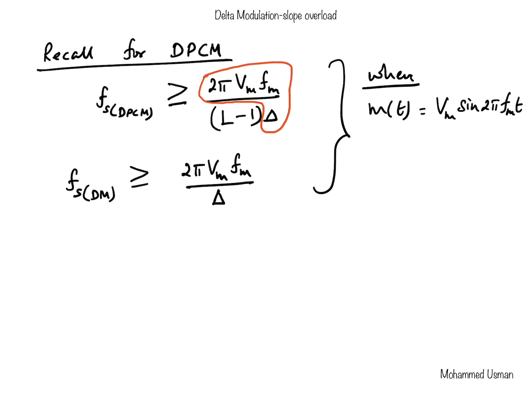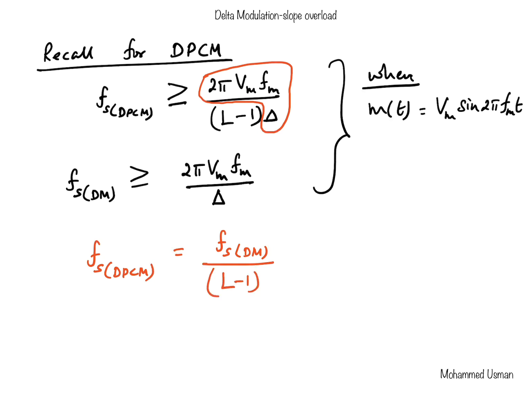So we can write that the minimum sampling rate required in DPCM for avoiding slope overload is equal to the minimum sampling rate required for delta modulation divided by L minus 1.